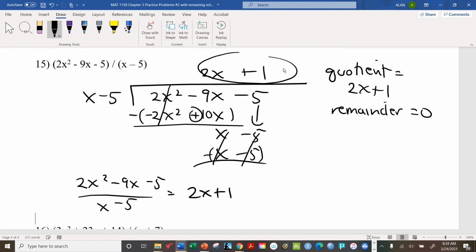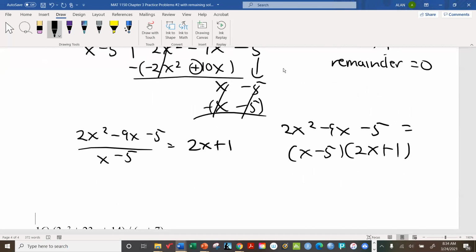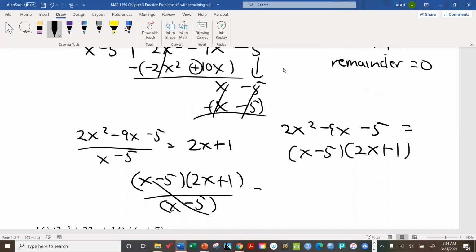The reason for that is because this original expression in the numerator equals, well, now we know, x minus 5 times 2x plus 1. So therefore, if I take that ratio and divide by the x minus 5, of course, it's going to leave me with 2x plus 1.